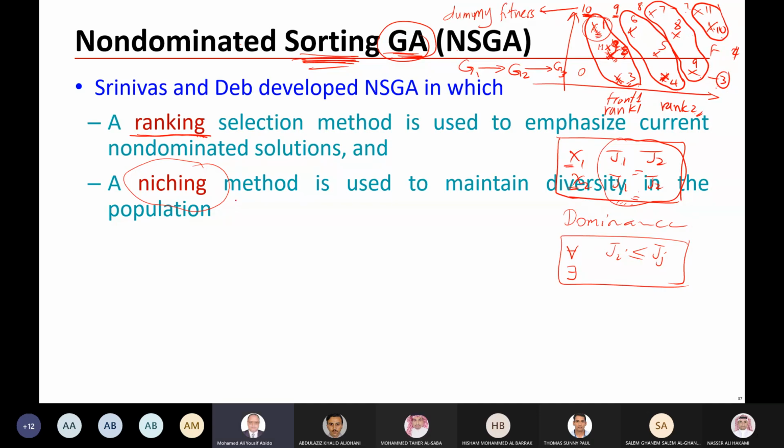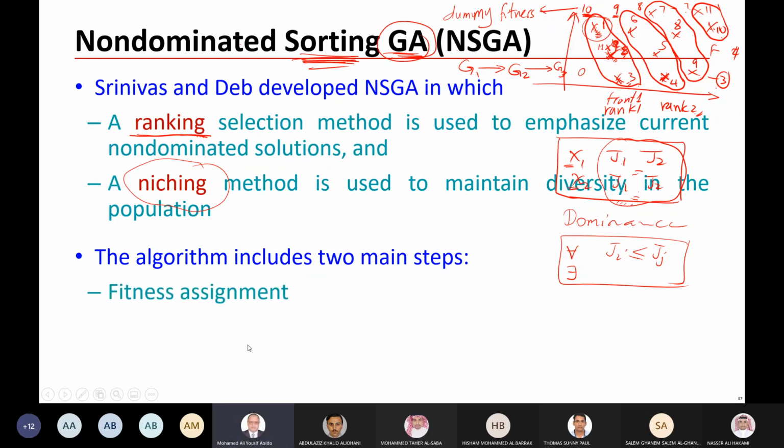Okay, so we do niching, and we will see how to do niching now in order to maintain the diversity in the population. The algorithm includes 2 main steps: the ranking and niching. Fitness assignment by ranking, and the other step, which is doing niching and fitness sharing. We assign 10 at the beginning.